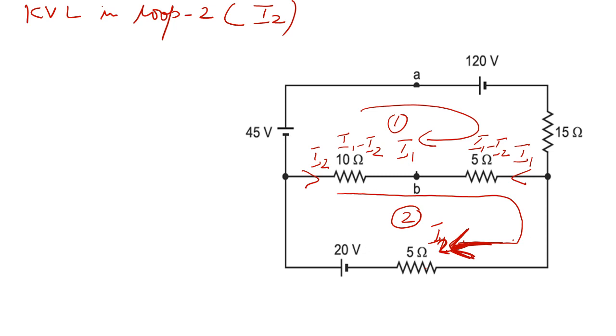So the current passing through the 10 ohm is first the loop current, then minus the other current.